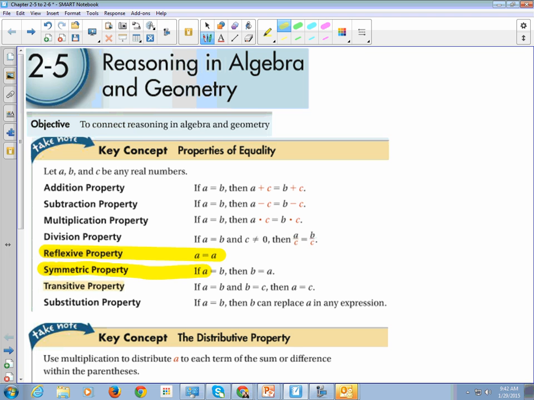The symmetric property says if A equals B, I can rewrite that in a different order, B equals A. The transitive property is a bit like the law of syllogism. If A equals B and B equals C, then we can cut out the middleman B and say A equals C. And the substitution property: if A is equal to B, then I can plug in B anywhere A is in an expression.